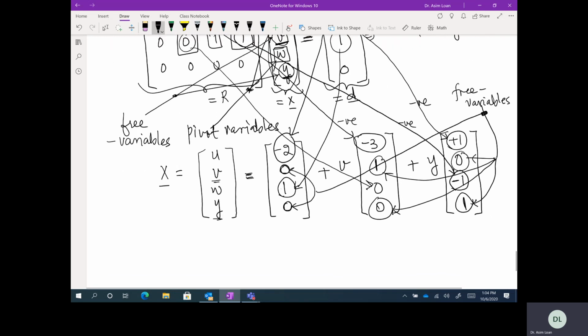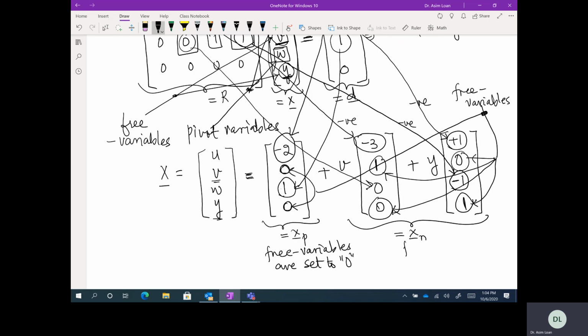So how do you write the solution? So this, by the way, is XP, the particular solution. This, by the way, is XN, which is the null space solution. So for XP, your free variables are set to 0.